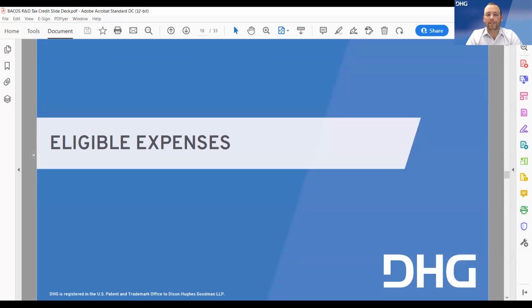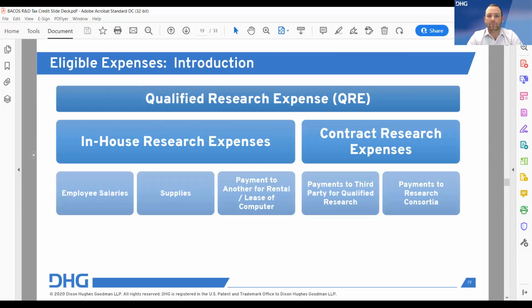So briefly want to get into what's an eligible expense for this credit. So we have three primary types of expenses. That's going to be, well, I'll back up. We have two categories of expenses and then three primary types, plus one more that we've seen come back in recent years. The first category is going to be your in-house R&D expenditures.